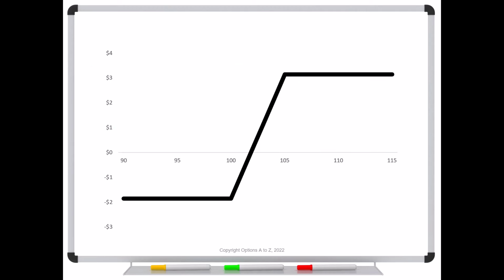So let's start off with a simple one. Let's look at a 100-105 vertical call spread. So we'll start with a debit spread. It's a bull spread. So let's say that you buy the $100 call and you sell the 105 call. Now, I point this out in just about every video. Remember, we get bends at these strikes. So there's our 100 strike, there's our short 105. But notice that if we just had the long 100 call, we would have this type of a risk graph.